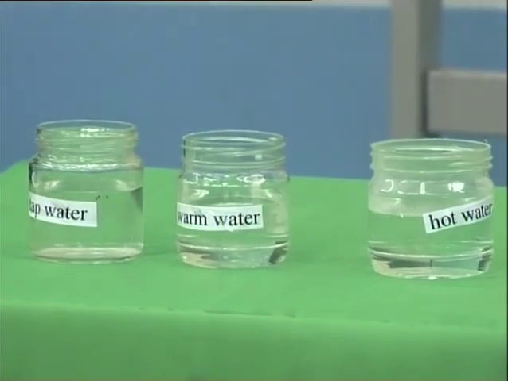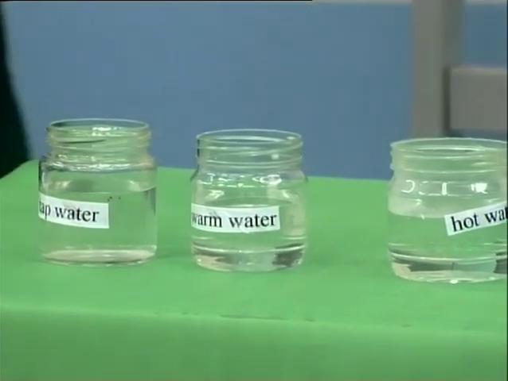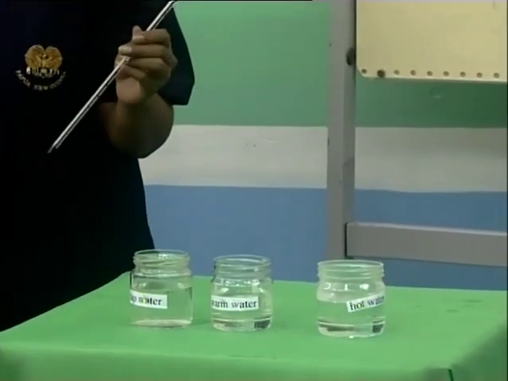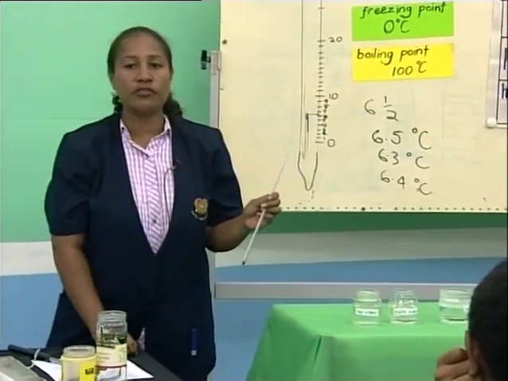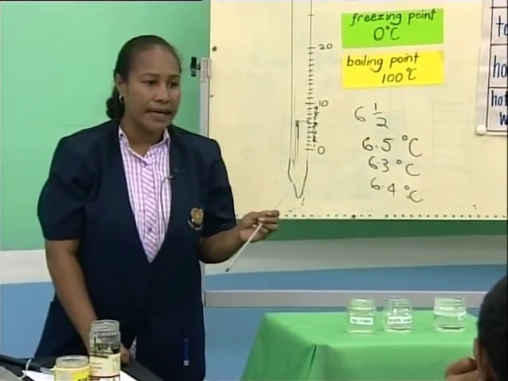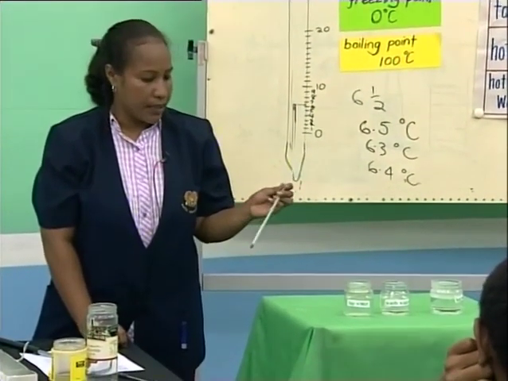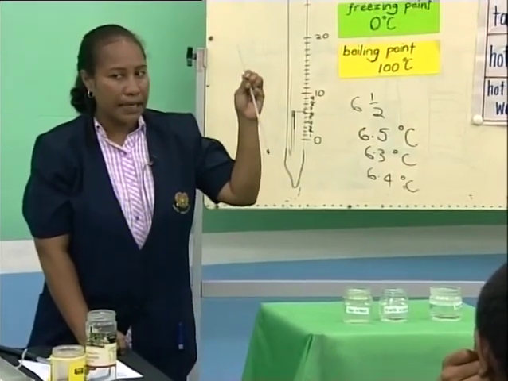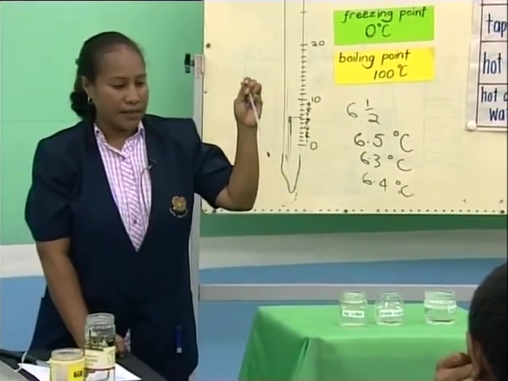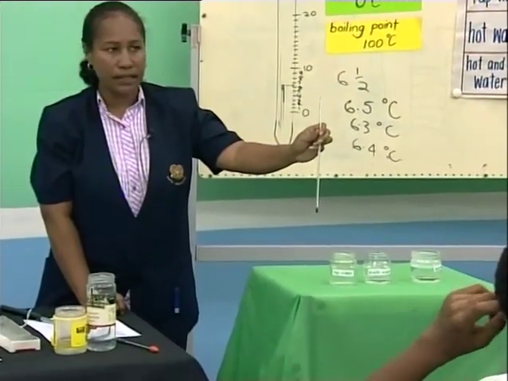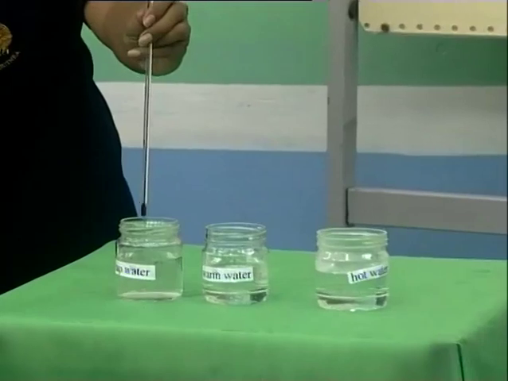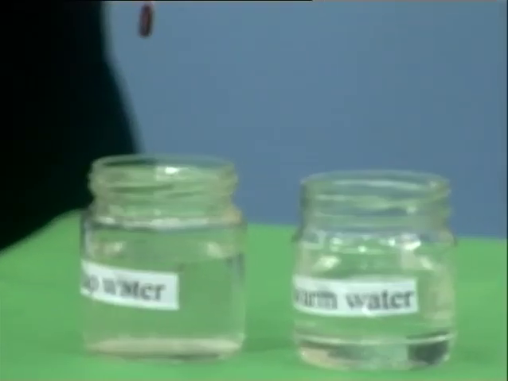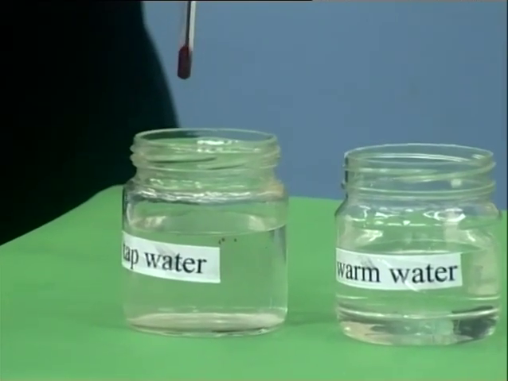I will demonstrate to you what you will be doing in your groups. First of all, you will take the temperature of the cold water. Then you move on to the warm water, and last of all, hot water. This is what you will do. You will place the thermometer into the water, right? When you place it in, you just look up here.